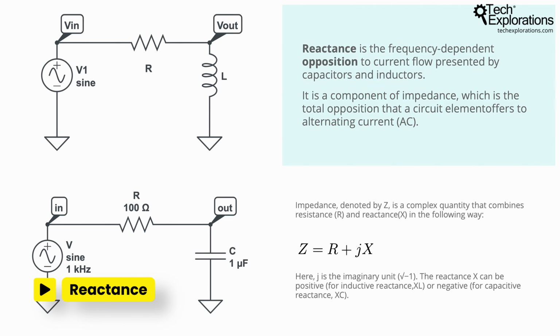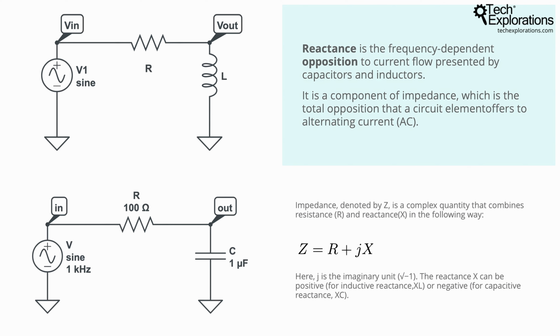Reactance is the frequency-dependent opposition to current flow presented by capacitors and inductors. It's a component of impedance, which is the total opposition that a circuit element offers to alternating current. Impedance, denoted by Z, is a complex quantity that combines resistance, R, and reactance, X, in the following way, and here's a formula: Z equals R plus jX.